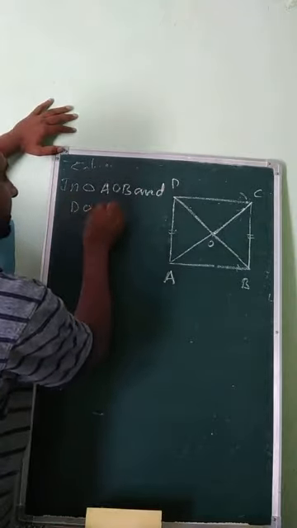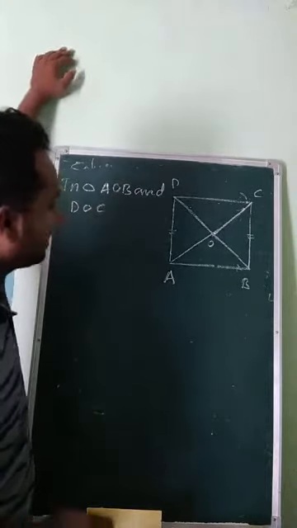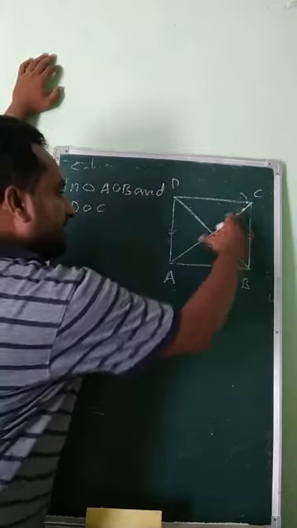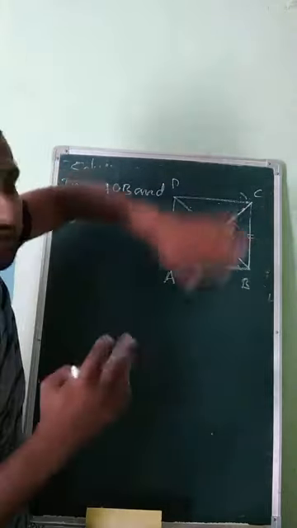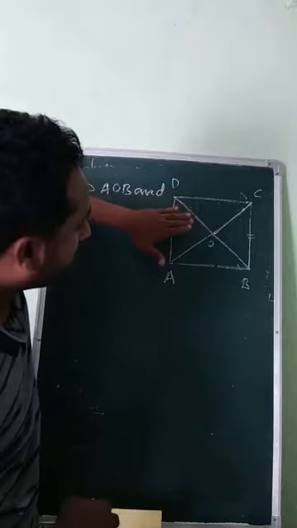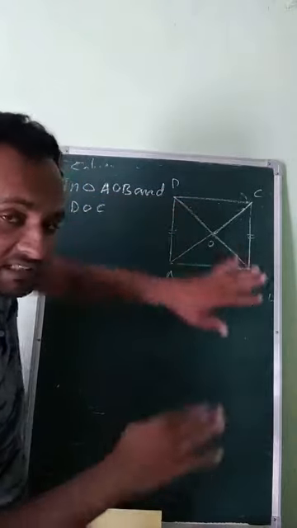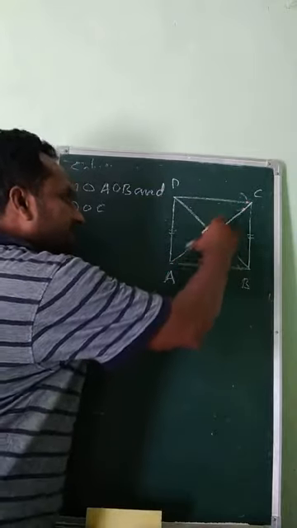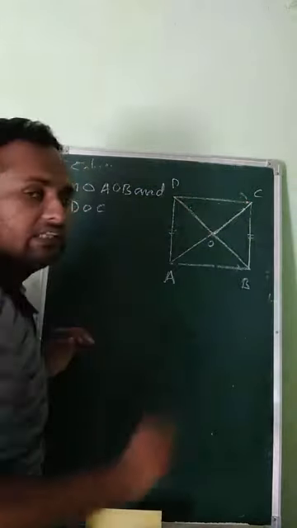Now make them congruent, because we have to prove the diagonals bisect each other. This diagonal bisects the other, it means this part is equal to this part. You have to prove it here.